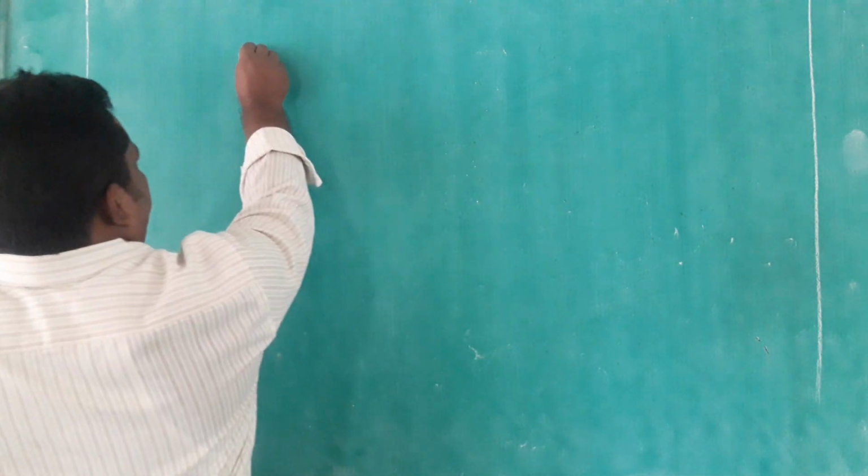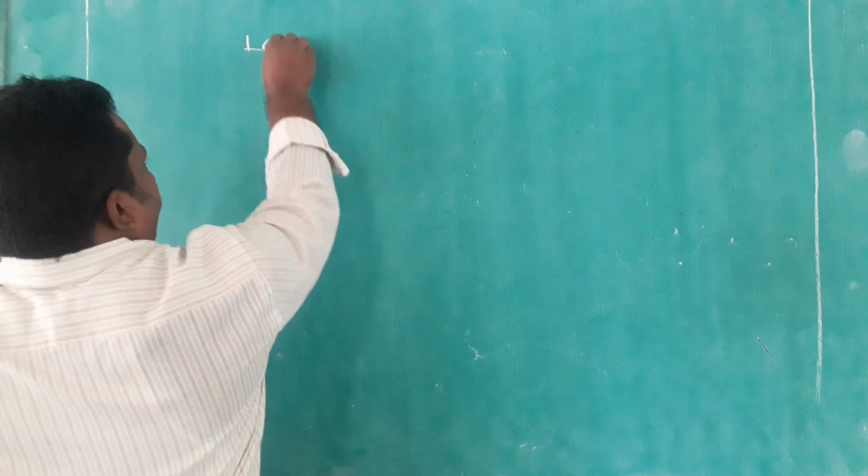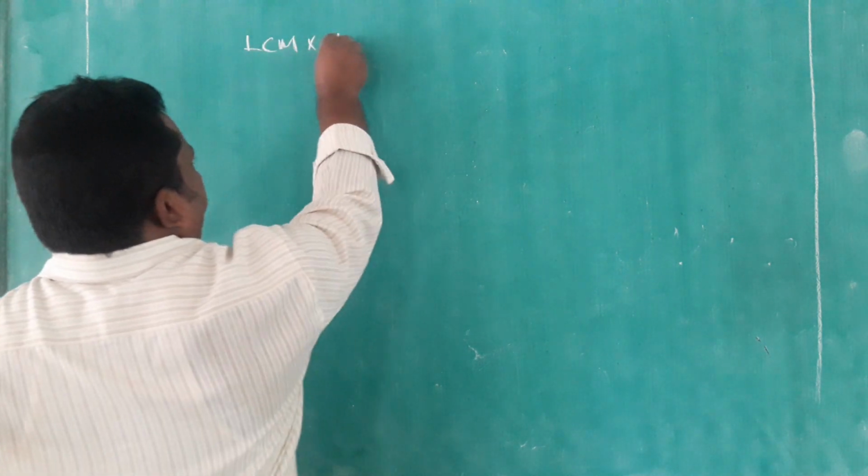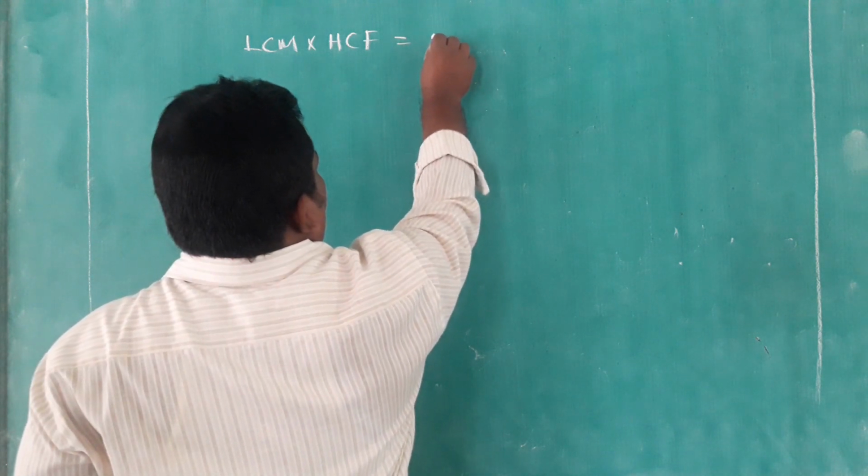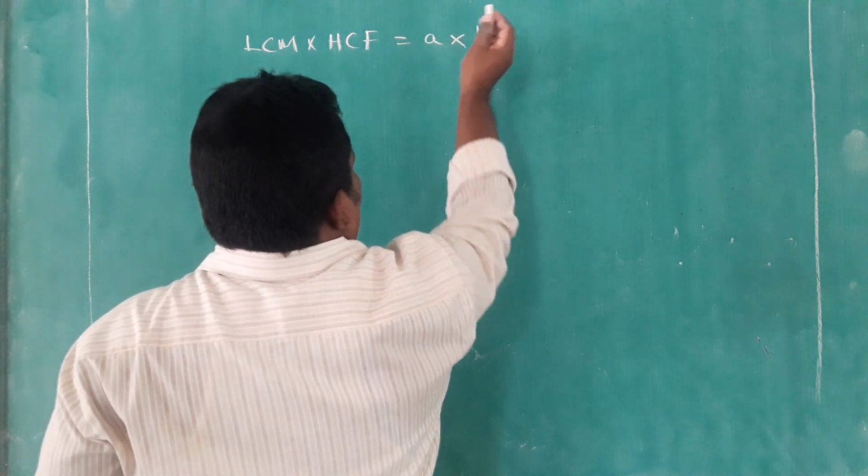Okay, we know the formula: LCM into HCF is equal to the product of two numbers.